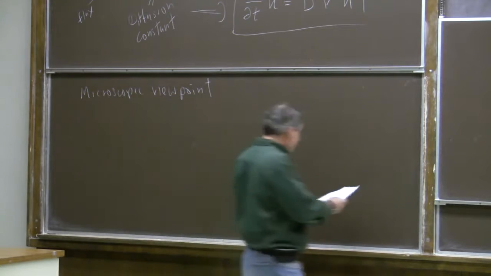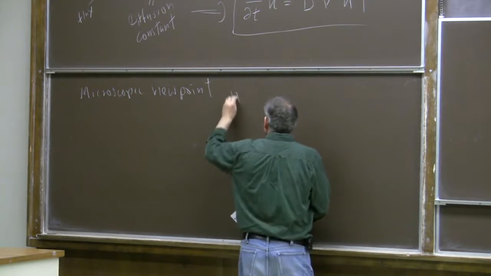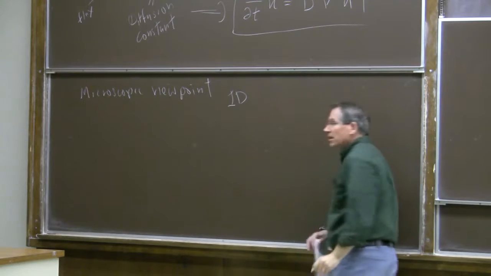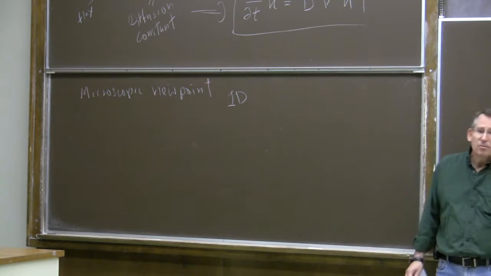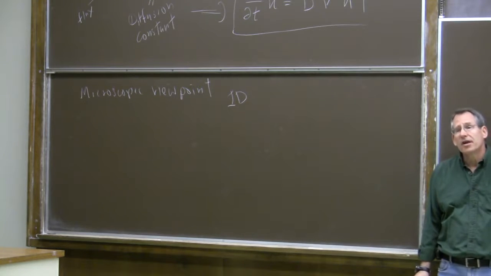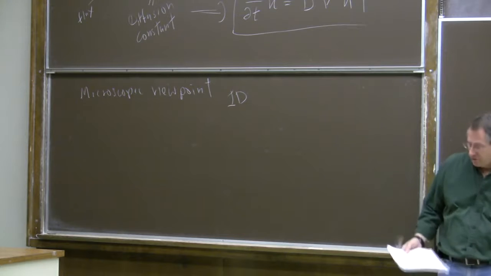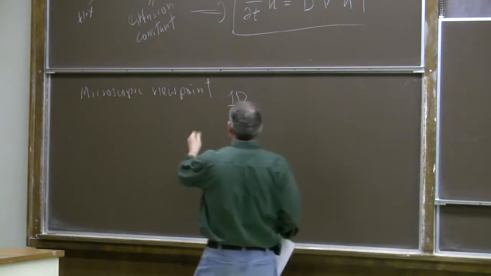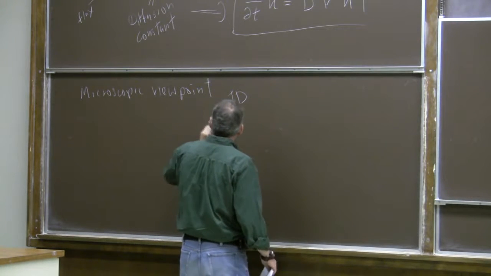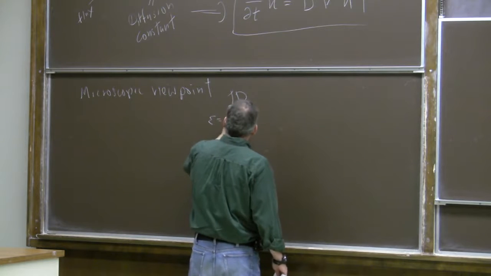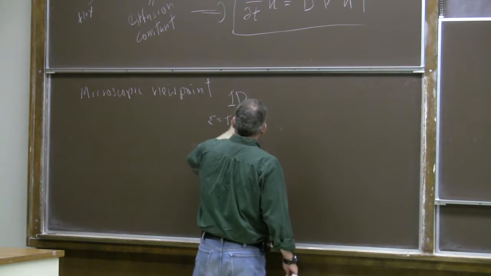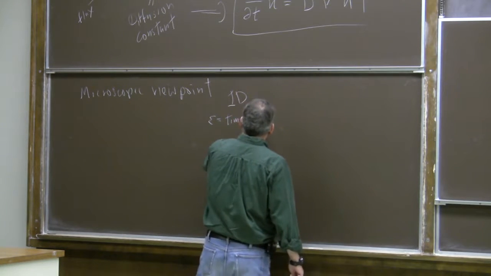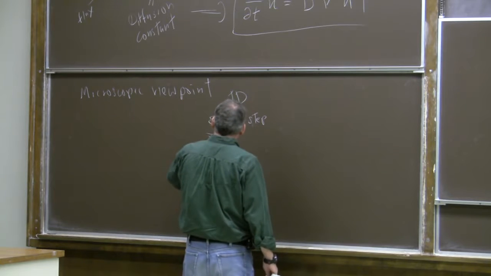So, to keep things simple, suppose we have a one-dimensional system, and we think of the particles as making a random walk. There's some characteristic time for the direction of motion to be reset. I'll call that epsilon, the time step, or if you like, the reset time.